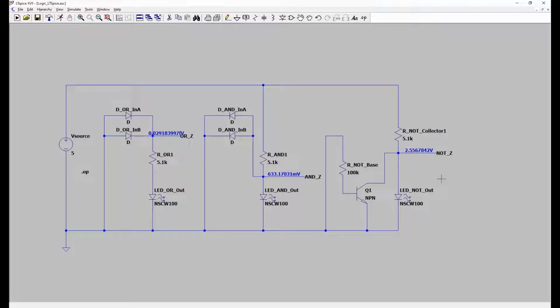Alright, so initially with 0 or 0, we are getting 0.03 volts. Is that volts or an F?